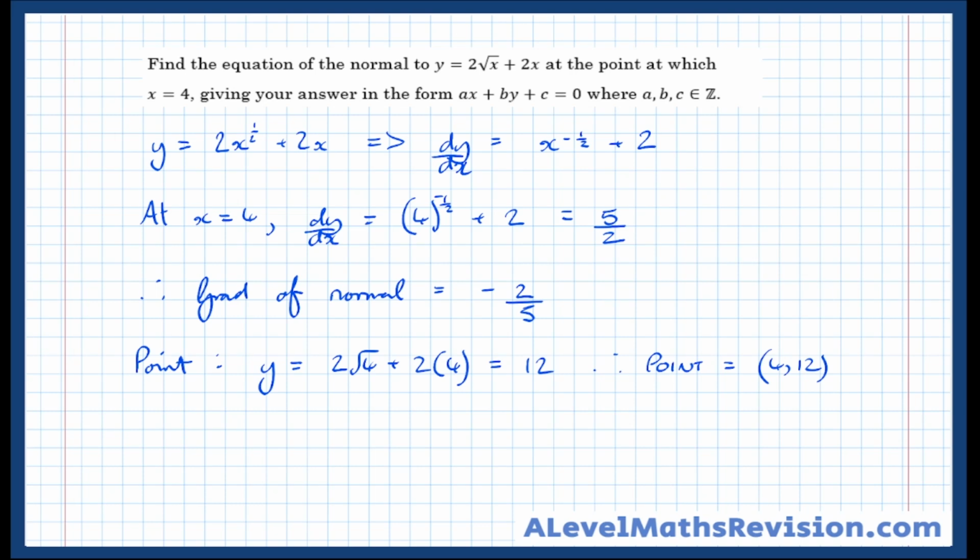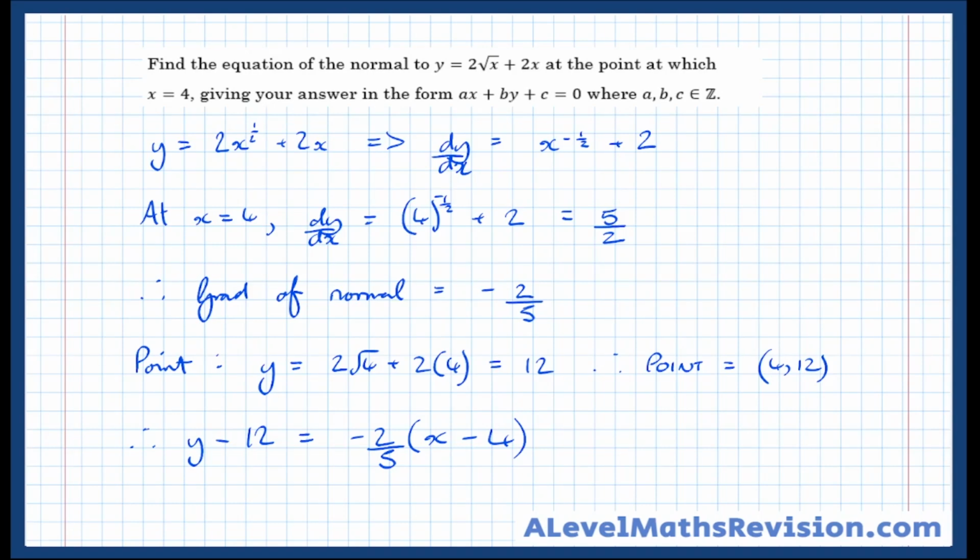Okay, so we've got a gradient there and a point there. We can find now the equation of the normal. So y minus y1, so y minus 12 equals m(x minus x1), like that. And that is the equation, but it's not in the required form.